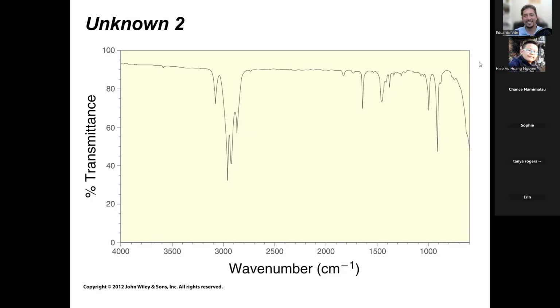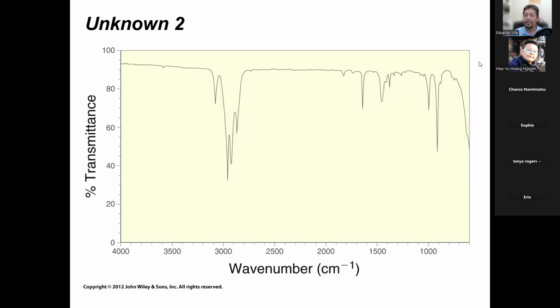What makes you say that? Nothing else is on the graph. That's 100% right. Nothing else is on the graph.